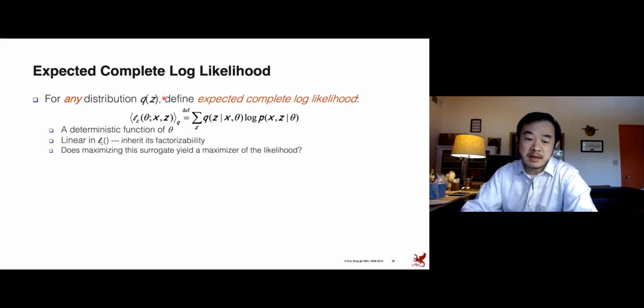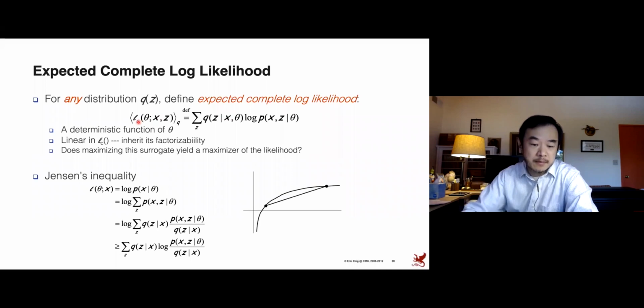You can choose any arbitrary one, as long as it gives a probability distribution of Z. It could be a uniform, for example, although it is not very good. And we can say why it is not very good in a second. Right? But given that, you are not able to define an expectation over the complete likelihood.